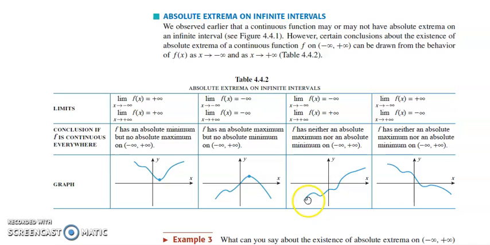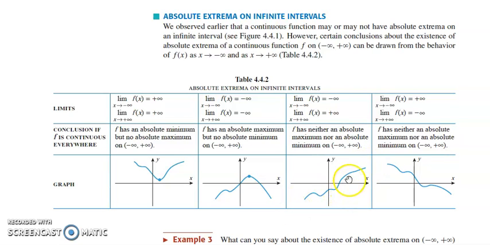The function value decreases indefinitely when x tends to minus infinity. Similarly, when x tends to infinity, it increases indefinitely. So the function value goes to both minus infinity and plus infinity.